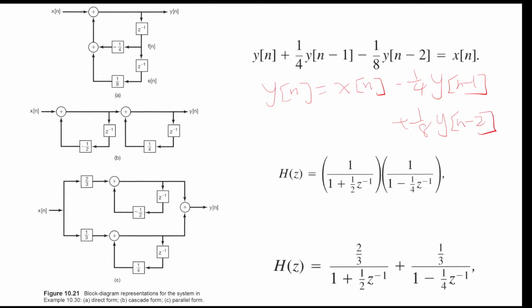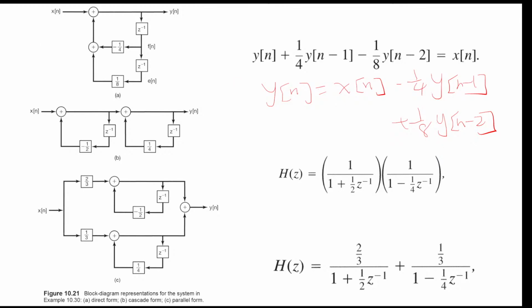And that's exactly what this picture gives us. So y of n equals x of n plus the first line here, which is minus 1/4, and z minus 1 gives you y of n minus 1, and then you have plus 1/8, and this z minus 1 on z minus 1 gives you y of n minus 2. So this is a direct form.